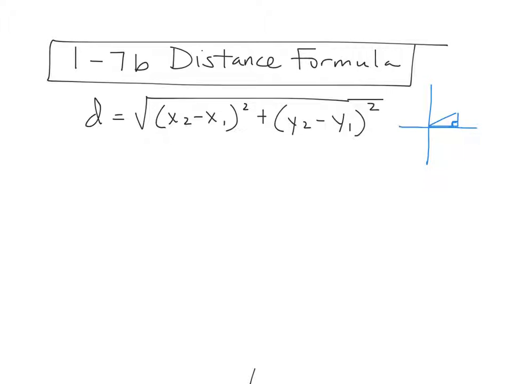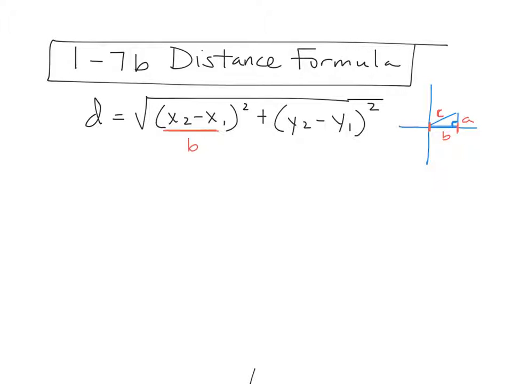So if this is my triangle, and this is A, and this is B, and this is C, C is always the hypotenuse. So a squared plus b squared equals c squared. That's what distance formula is doing for you. If you think of it this way, x2 minus x1 is this minus that. So b is that.